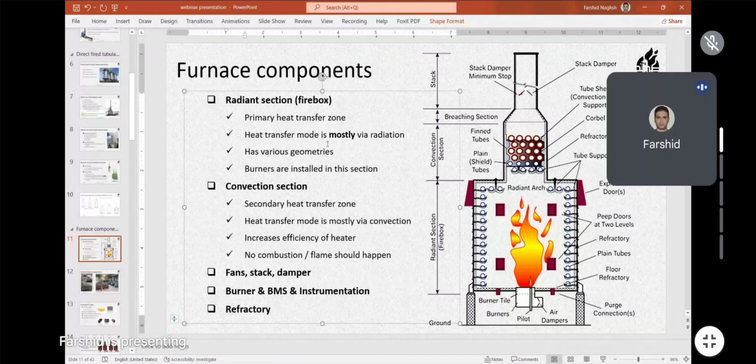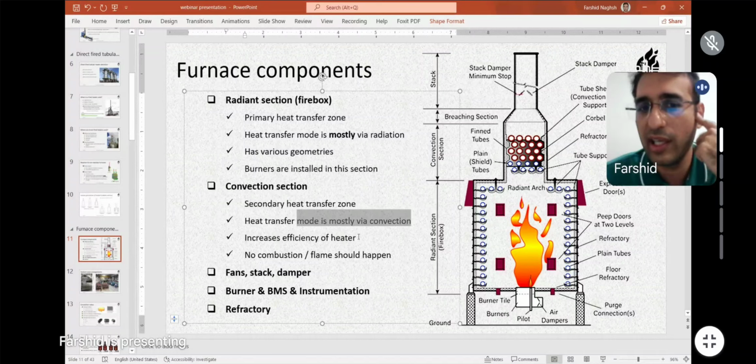So that's why I use the word mostly via radiation, okay? Now let's move to the convection section. This is the secondary heat transfer zone. And yes, the heat transfer mode is mostly via convection, it increases the efficiency of the heater, and no combustion and flame should happen.